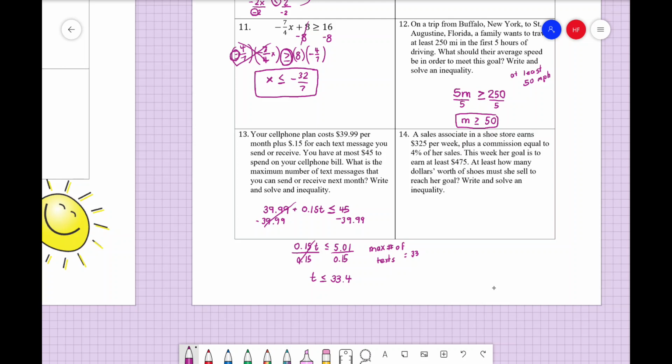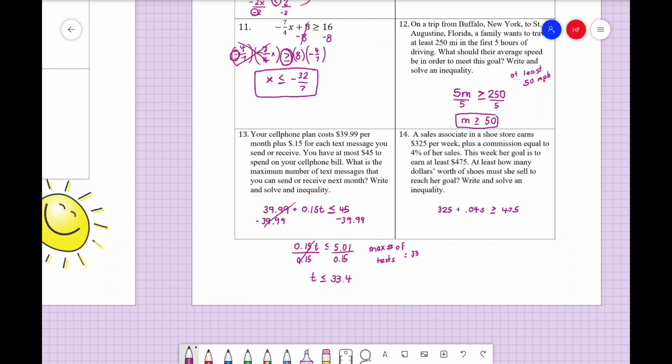So she earns $325 plus 4% of the sales. And she wants that to be more than or equal to $475. So at least she wants more than that amount. But she would be okay with exactly that amount.